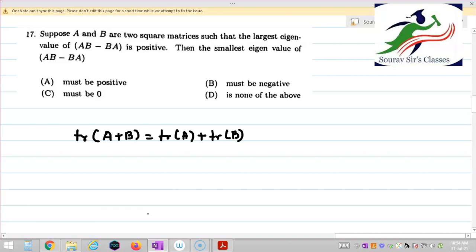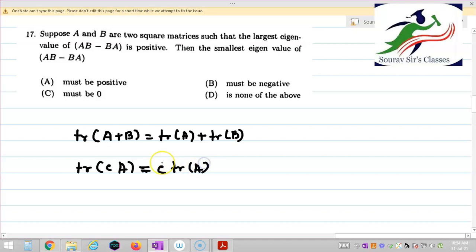It is necessary to know this result, because I am going to use the trace of a matrix to solve this question. And trace of C into A is equal to C into trace A.